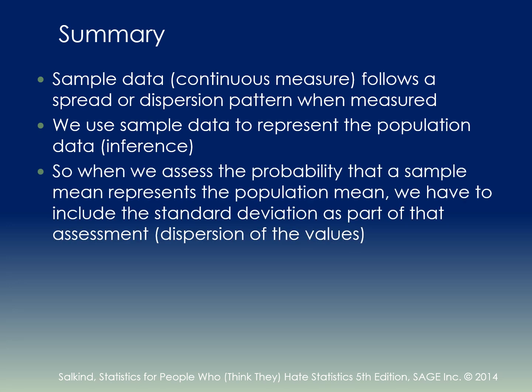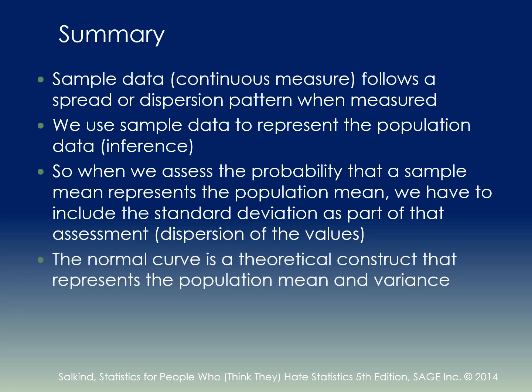So when we assess the probability that a sample mean represents the population mean, we have to include the standard deviation as part of that assessment. It's not just sample mean and population mean now. We also have to include sample mean and standard deviation along with population mean and population standard deviation. So we've got to look at these things in terms of their pairings.